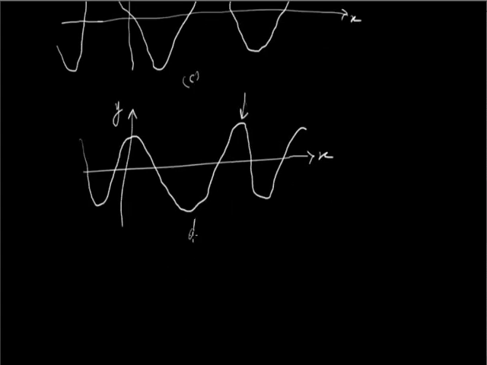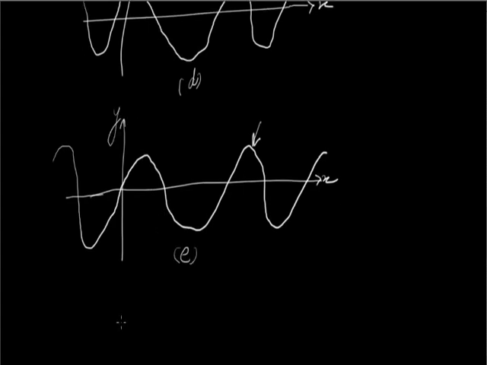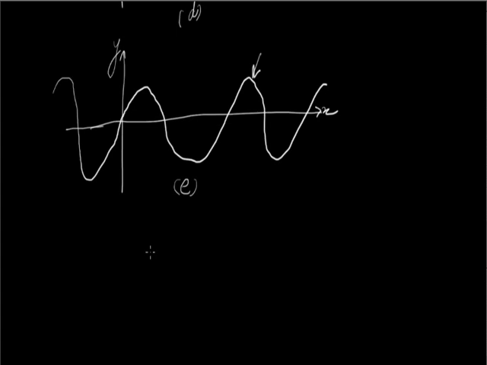This is figure D. This is figure E. Now, by the above 4 or 5 graphs, we can clearly see that our arrow is moving along the x-axis. This also represents that our wave is propagating along the x-axis.